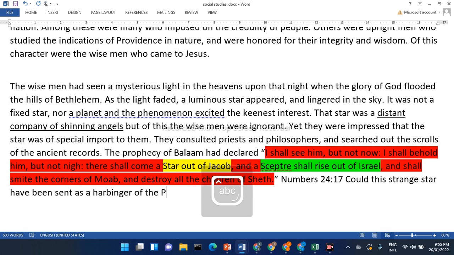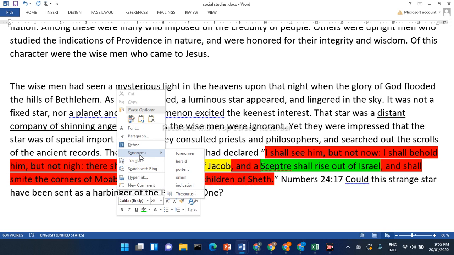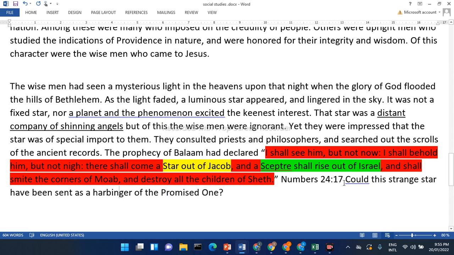When we say harbinger, all we mean is a signal or an indication. If we look at the synonyms, notice it says a forerunner, a herald, an indication. So could this strange star be an indication of the promised one?